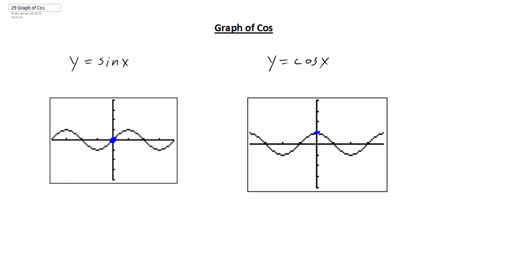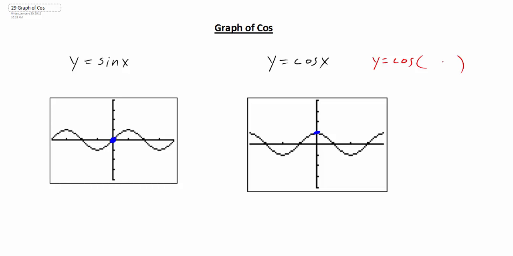Is there any way to shift the cosine function so that it looks like the sine function? If you think about the phase shift we did with the sine function, if we were to add something on the inside, so for example, if I was to write y equals the cosine of bx minus c on the inside, do you recall what we could do here to cause that phase shift?